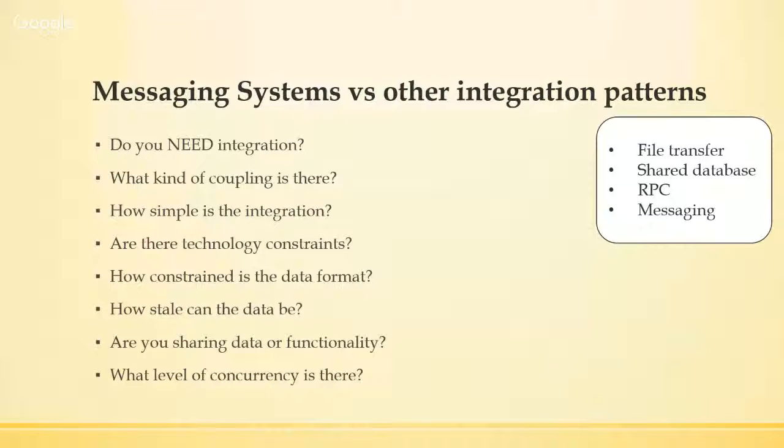If you have to cater for that scenario, something like file transfer is going to make it very difficult to get the integration working. Maybe messaging is a better approach there, because you can say things like updated password as opposed to here's my new customer record. So you've got context around what's happened rather than just here's the data. It's something you can use to guide what type of integration you're going to use.